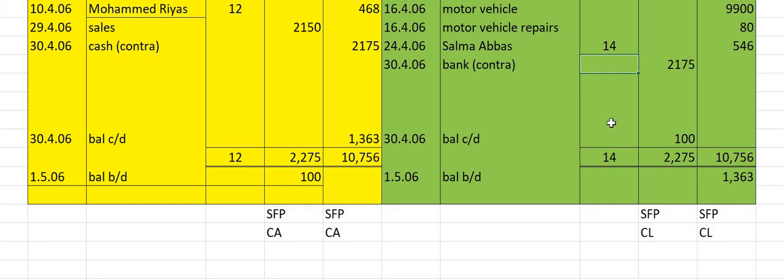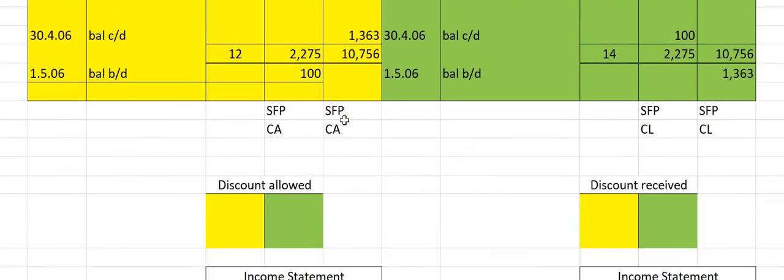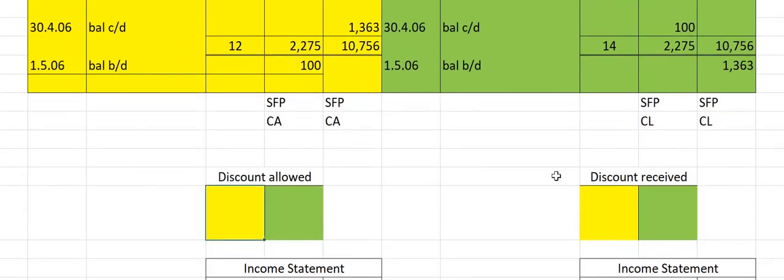But I will show you where it should be transferred to. Okay. Now this discount allowed will be transferred to the discount allowed account on the debit side. Did you get that? And this discount received, 14, will go to the credit side of the discount received account.